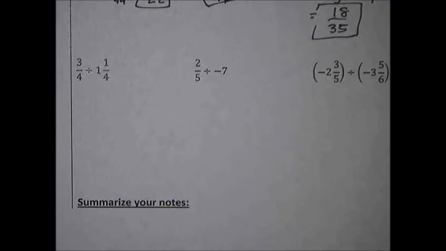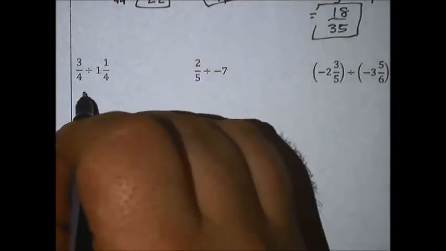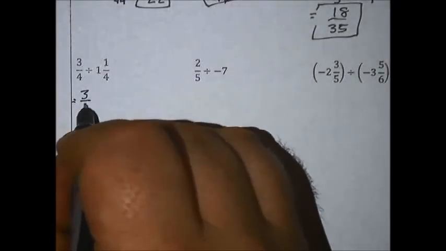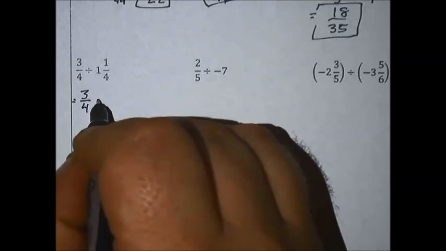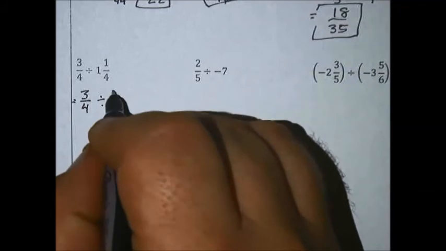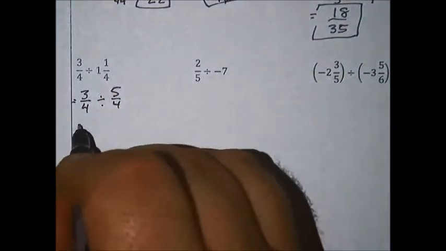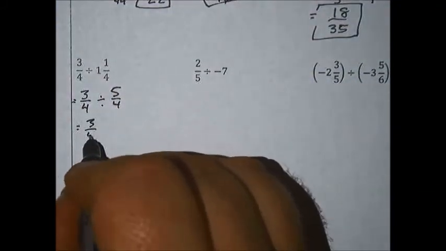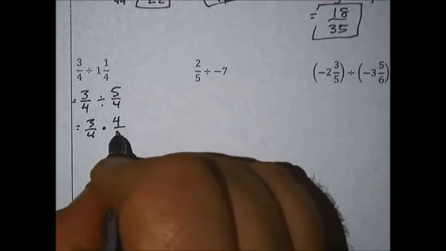Okay, welcome back. Here we go. Hopefully you got a chance to do these. So we have 3/4, and I'm going to keep it division. 4 times 1 is 4, plus 1 is 5. 5/4 equals 3/4 times 4/5.